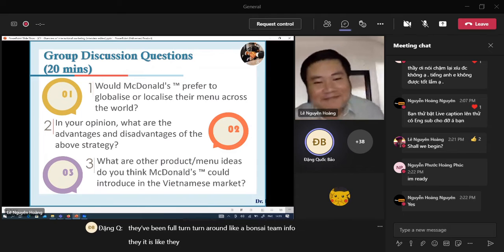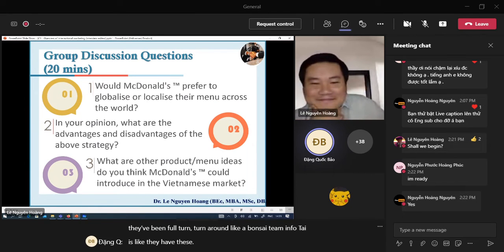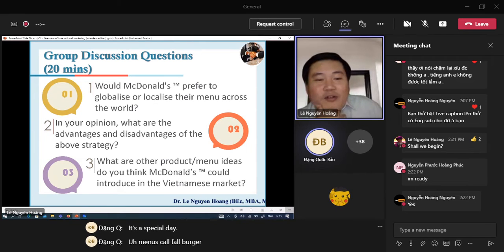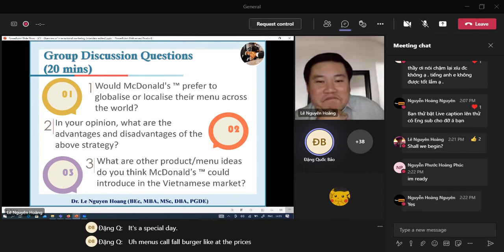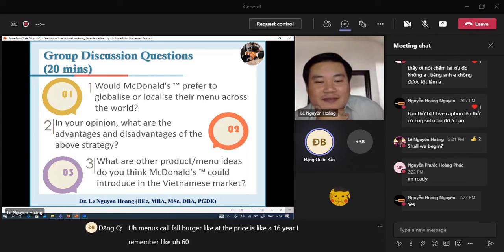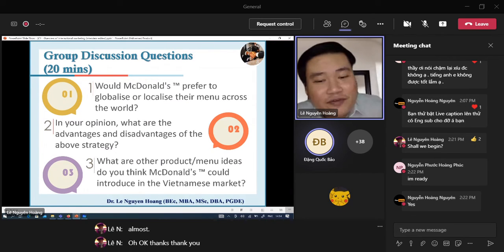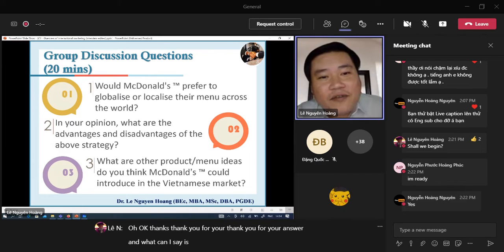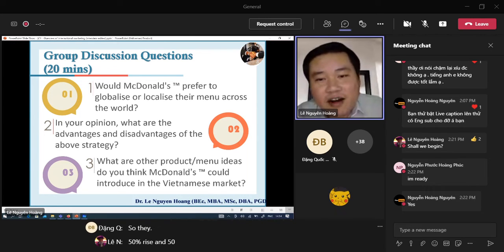They have a special menu called phở burger, and the price is like 69,000 dong. I ordered it through Now Food, and I think it's pretty delicious. Oh, okay. Thank you for your answer. And that is also half right, 50% right and 50% wrong.